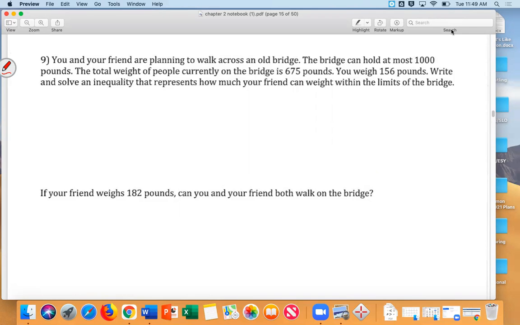So Mike, how much weight can the bridge hold? At most 1,000 pounds. At most means it needs to be less than or equal to 1,000 pounds, otherwise it becomes unstable. How much do the people on the bridge weigh? 675.